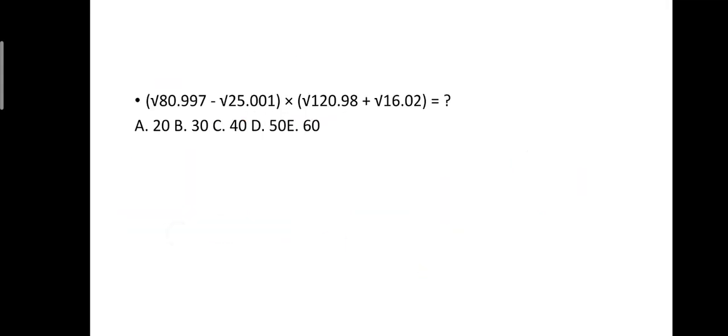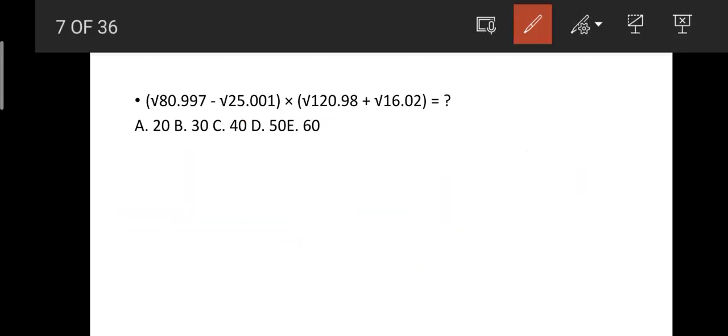Next question. See friends, these are simplification questions. In this type of questions, you need not find the exact value, but you may go for approximation. Okay, root of 80.997, you can take as root of 81, and root of 25.001, you can take as root of 25.